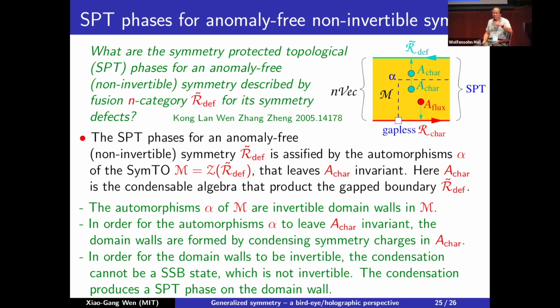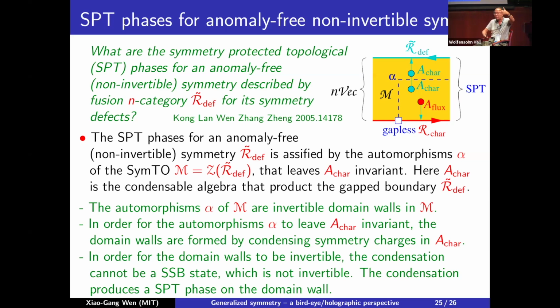So this holographic picture also has a way to understand the SPT states of a non-invertible symmetry. Remember, for an anomaly-free symmetry, we have a pair of fusion categories, one for the charge and another one for the defect. When you stack them together, you get a trivial phase. This trivial phase is actually the symmetric product state for this particular non-invertible symmetry.